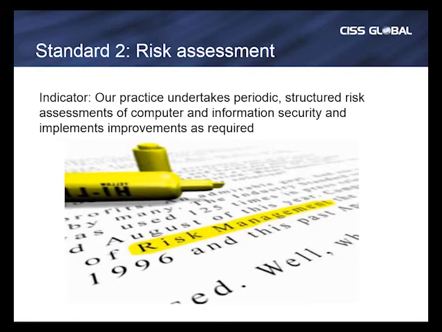But understanding those risks, even if you don't do anything about them, is better than not knowing what is actually going on. So the compliance indicator to the RACGP standards requires that your practice undertakes periodic structured risk assessments, and also can identify what improvements need to be made.